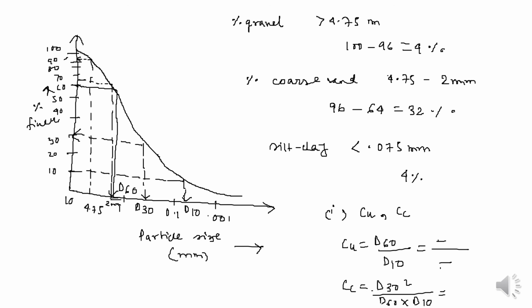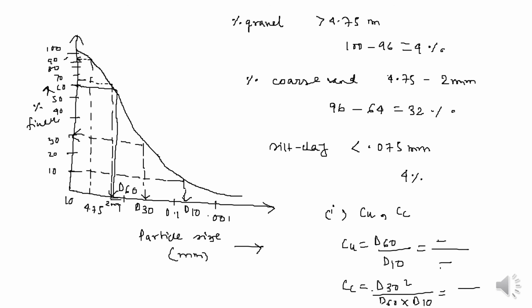We already talked in the previous table that if Cu is greater than 4 and Cc value is between 1 to 3, we can say it's a well graded gravel. If the above numerical values of Cu or Cc don't come, then we say it's a poorly graded gravel. And if our Cu value comes greater than 6 and Cc is between 1 to 3, we say it's a well graded sand.